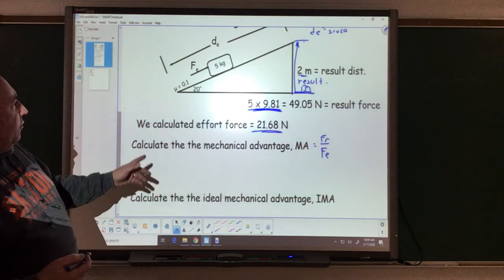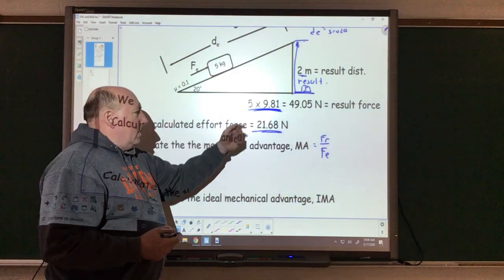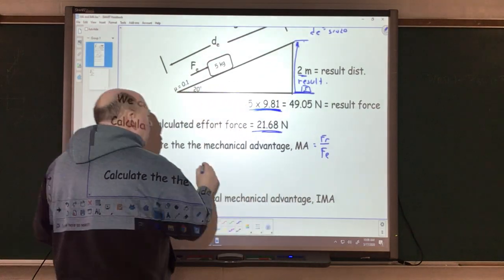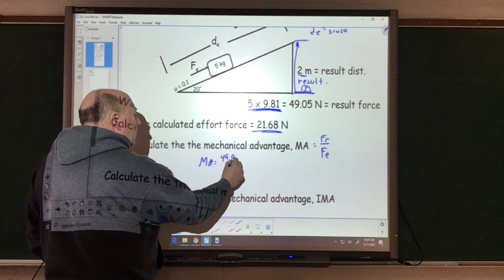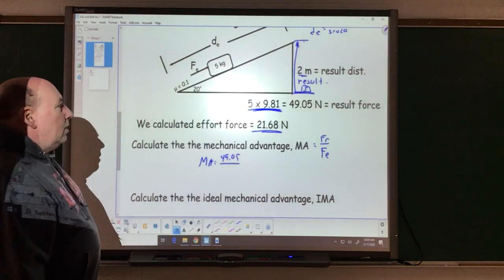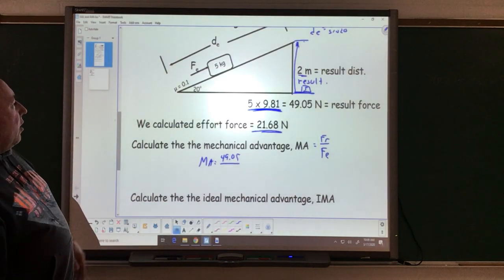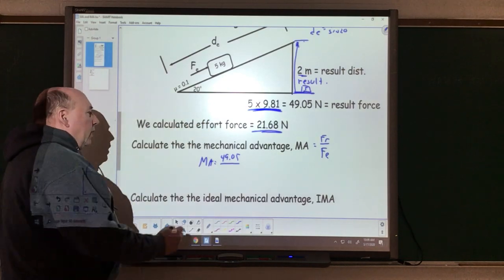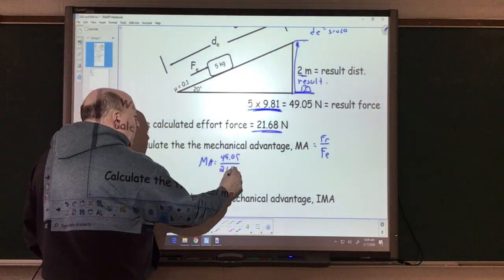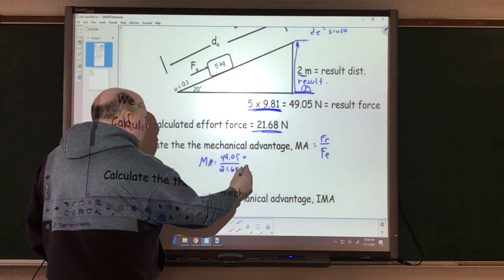So my result force, in this case, is 49.05. Our effort force, what we calculated it to be, was 21.68, and both of these are in newtons.